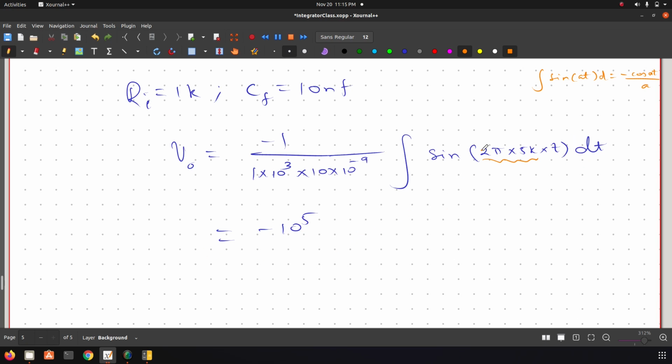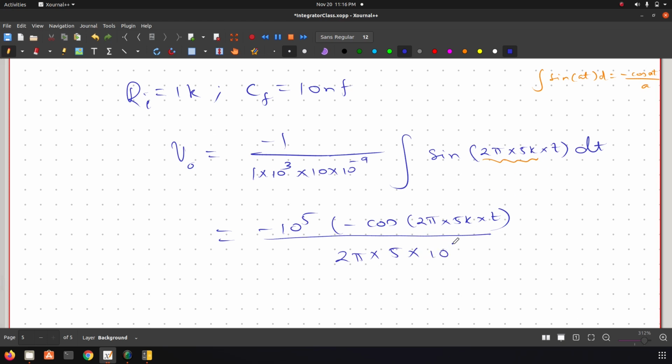Therefore if we integrate, the integral of sine is minus cos of 2 pi into 5k into t, divided by a, where a is 2 pi into 5 into 10 power 3.